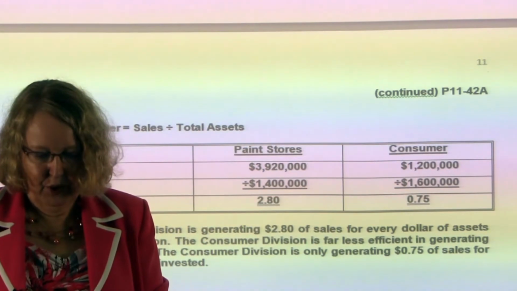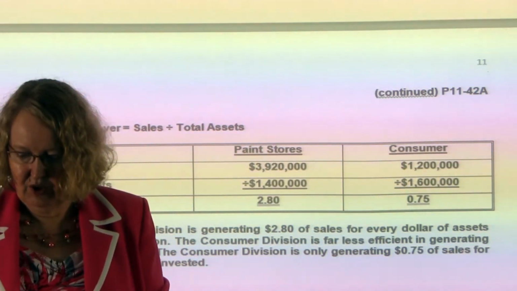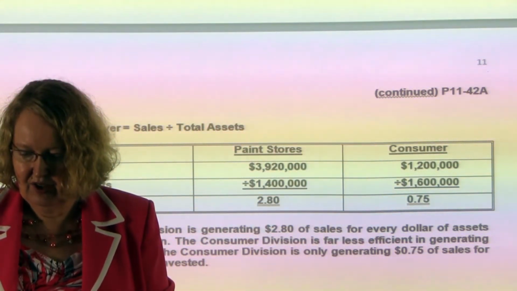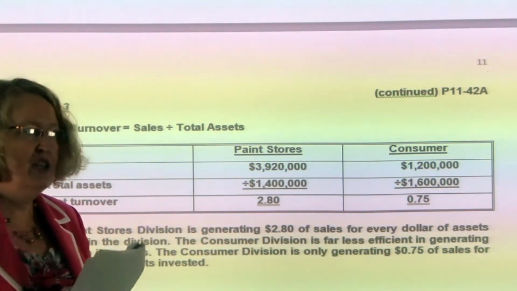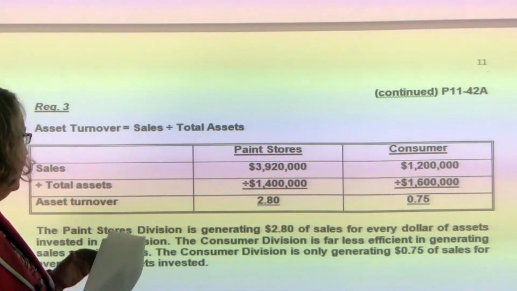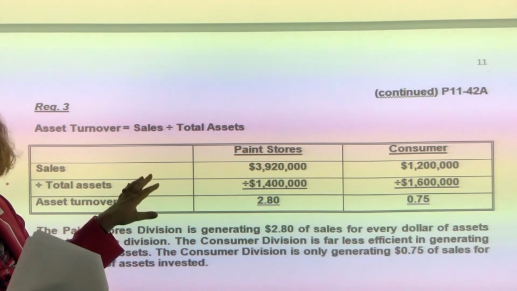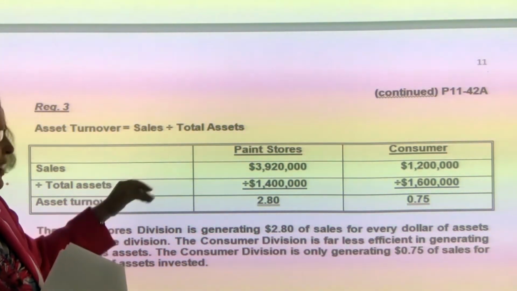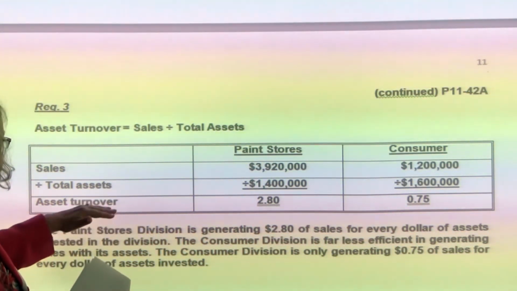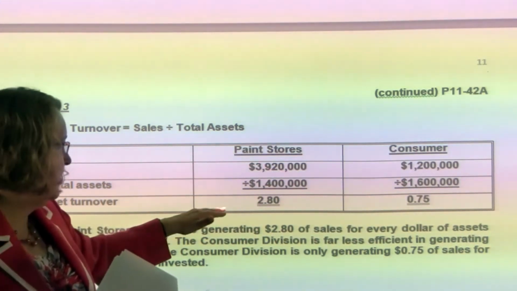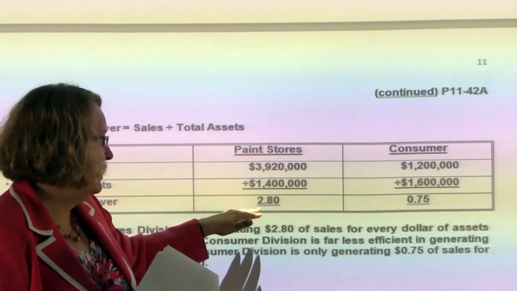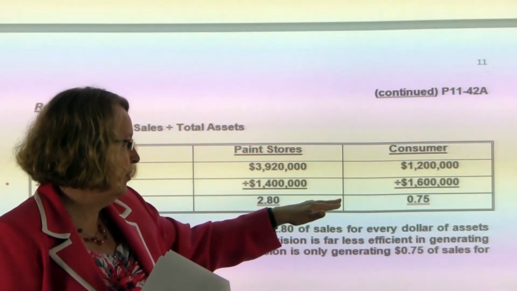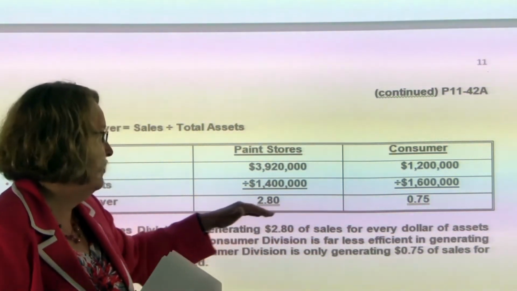So requirement 3 is asking us to calculate each division's asset turnover and interpret your results. So the asset turnover, again, is a formula you're going to have to memorize. It's sales divided by total assets. So we can see here the asset turnover for paint is $2.80, whereas the asset turnover rate is 75 cents for consumers.